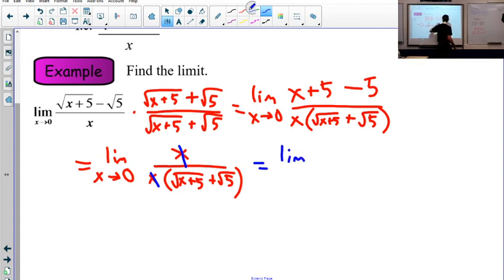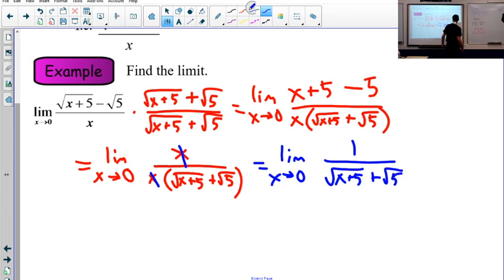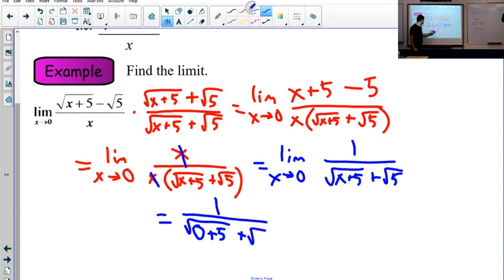which will be the limit as x approaches 0 of 1 on the top and square root of x plus 5 plus the square root of 5. Now we can plug in 0. Now plugging in 0 should work out for us. Square root of 0 plus 5 plus the square root of 5.